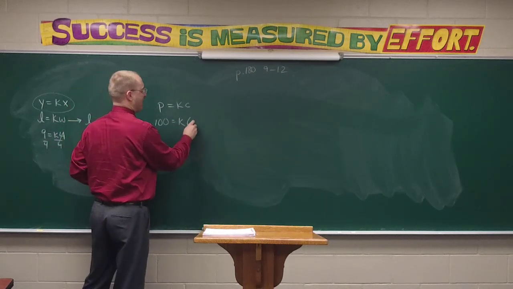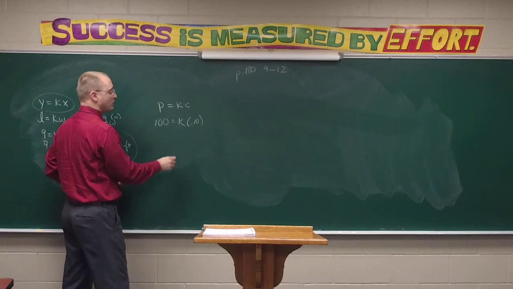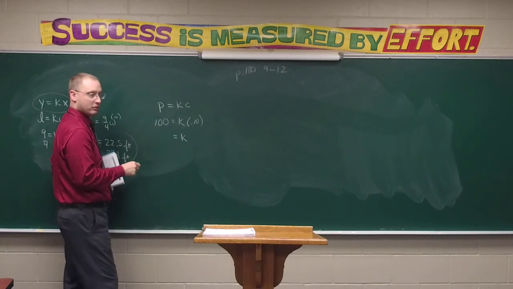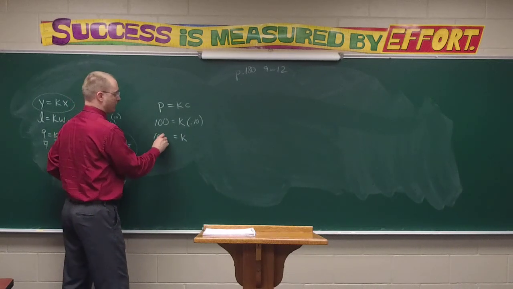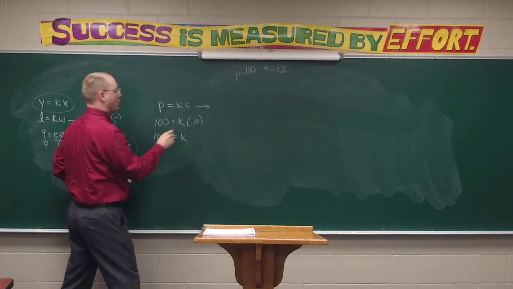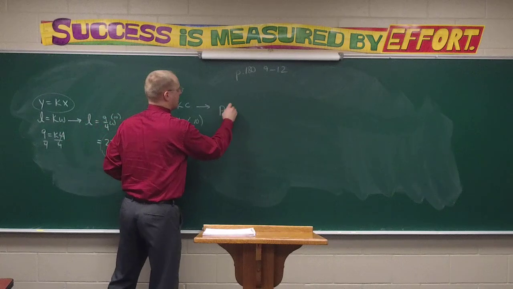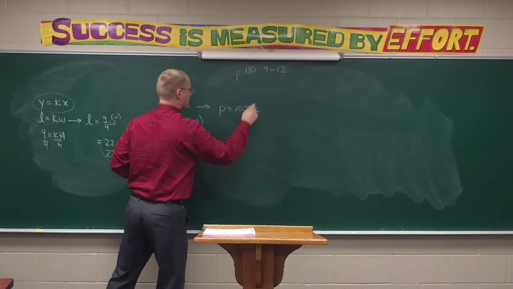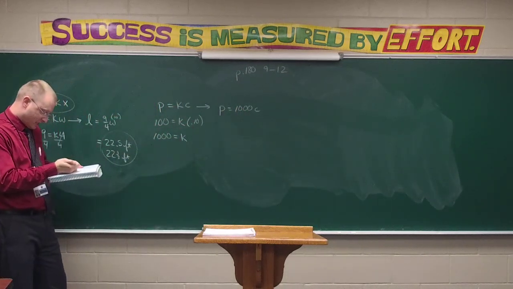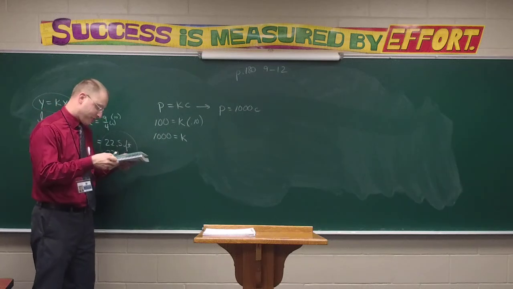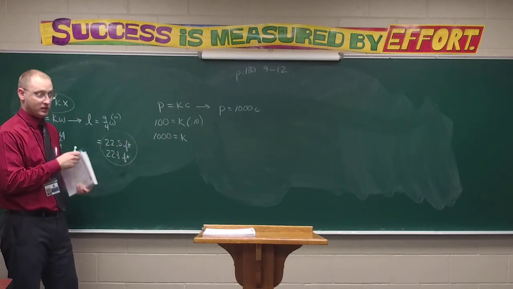I'm assuming that's per page. All right, what did you get for your constant value? 1,000. So really my equation is that P equals kC, P equals 1,000C.